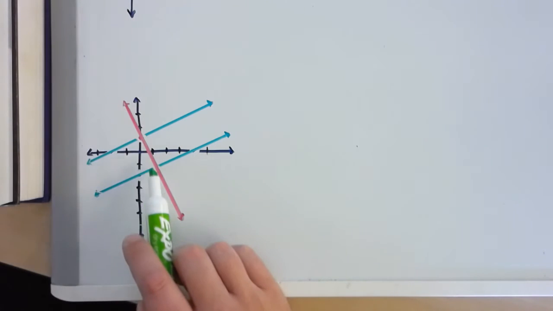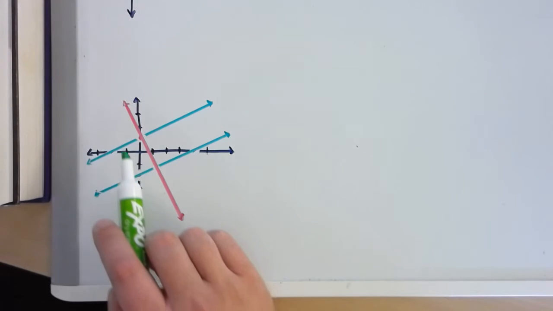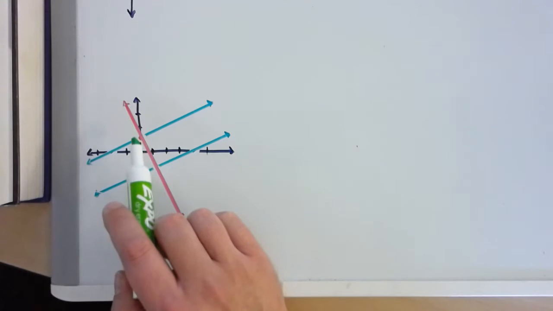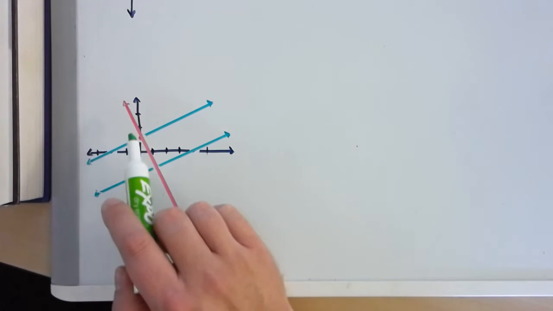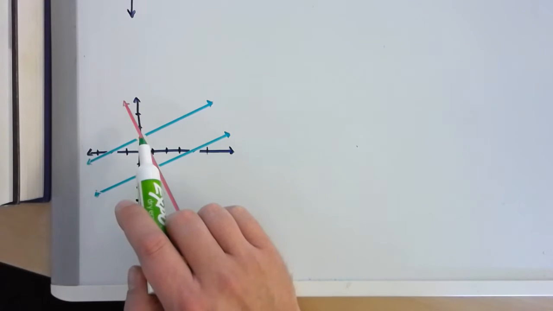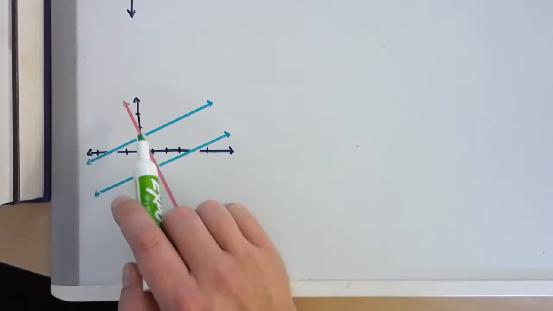This red line is perpendicular to both of my original lines. Now, this point right here reduces this entire line down to a single point. This is the distance I'm going to try and find.